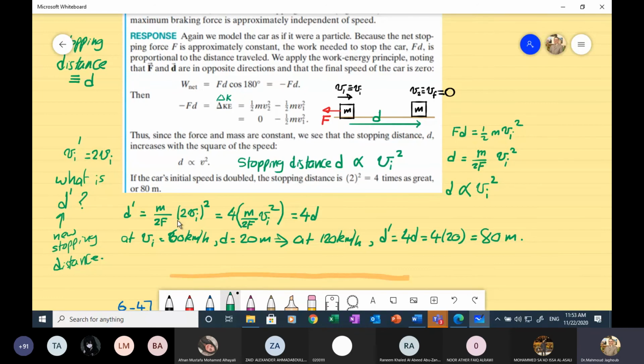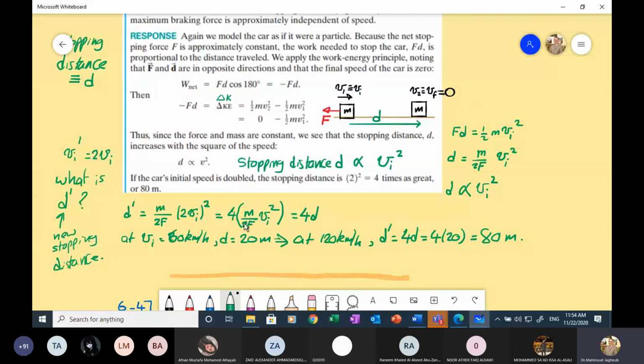But the new velocity is 2 times the old velocity, isn't it? So v initial prime equals 2 v initial. So I evaluated here instead of v initial prime, 2 v initial all squared. So this should be equal to 4 into m over 2F into v initial squared.